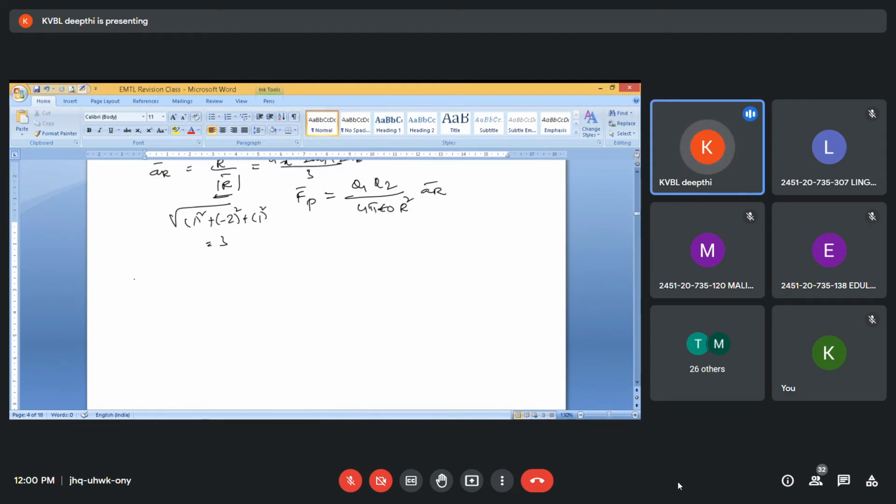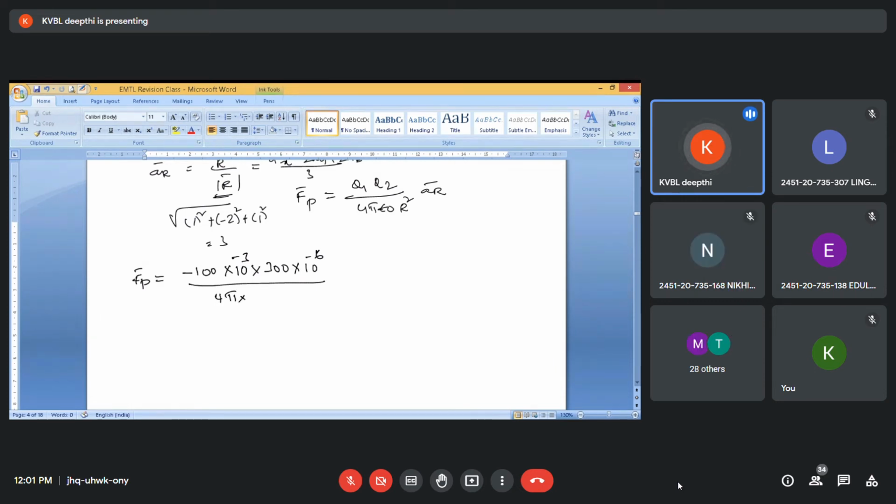So how do we find out now? Fp is equal to q1, how much? Minus 100 millicoulombs, right? So minus 100 into 10 power minus 3. Sorry, minus 3. Into the next one, 300 microcoulombs, correct? So 300 into 10 power minus 6 divided by 4 pi epsilon naught.